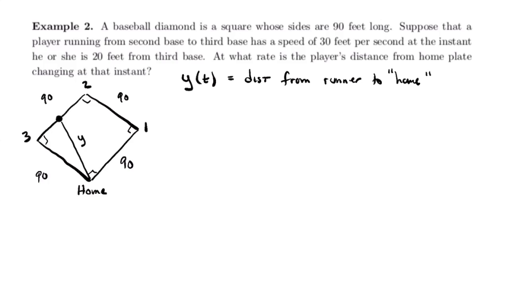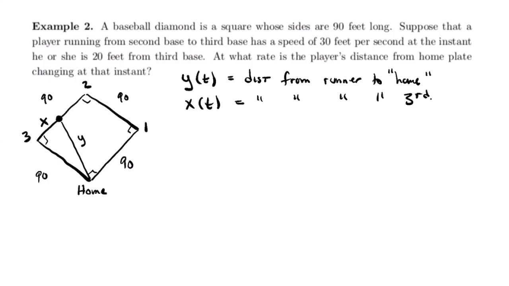What else is changing? Well, there's the distance from the runner to third base. I'm going to call it x. It's labeled in the picture there, and it's changing. What were we given? What are the statements in this problem about rates?